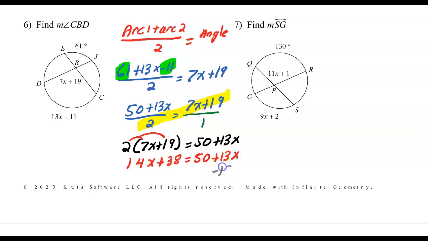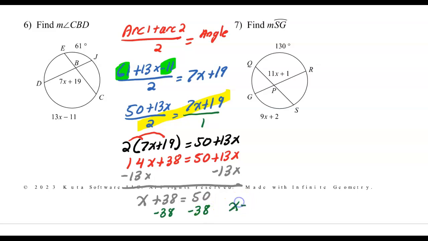I'll subtract 13x from both sides. So x plus 38 is equal to 50. I'll subtract 38 from both sides. And doing that, 50 take away 38, we'll get x is 12.